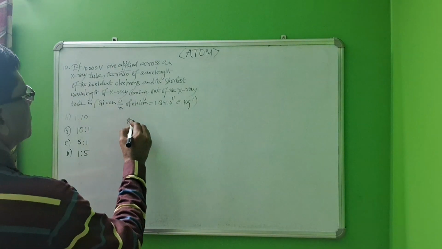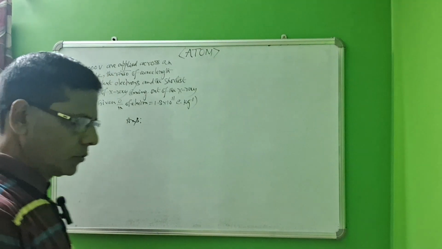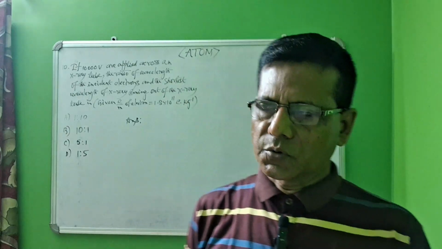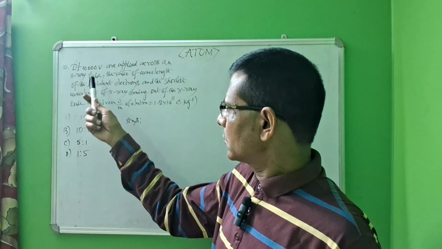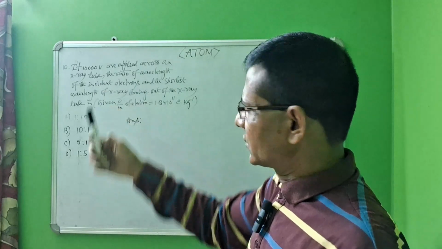So, the answer. First, suppose the electron, 10,000 volts applied on the X-ray tube.